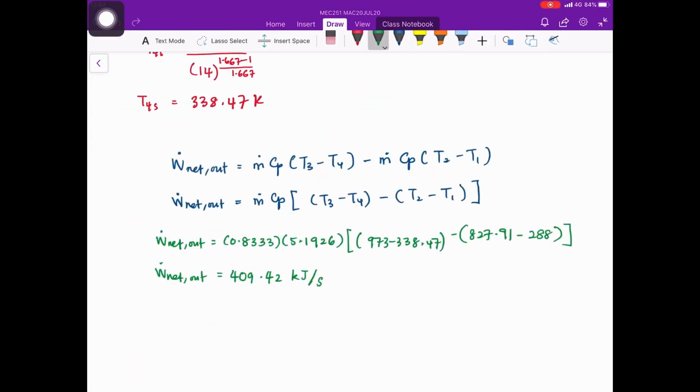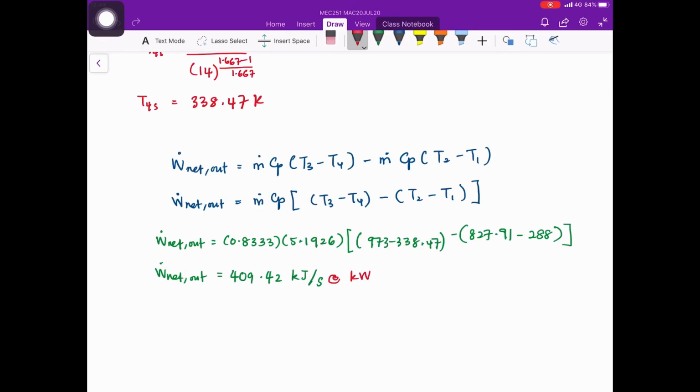Now we can solve the power net out for the simple Brayton cycle. After we substitute and calculate, we get the value of 409.42 kilojoule per second, and we know that kilojoule per second is equal to kilowatt.